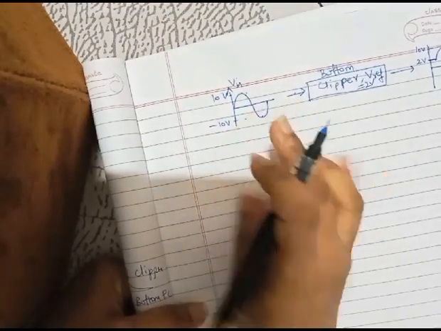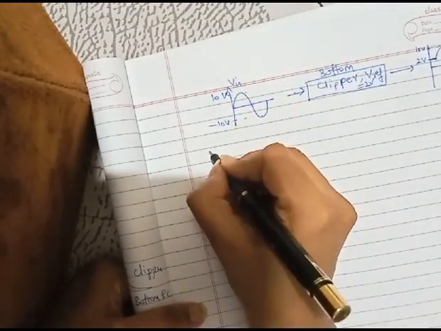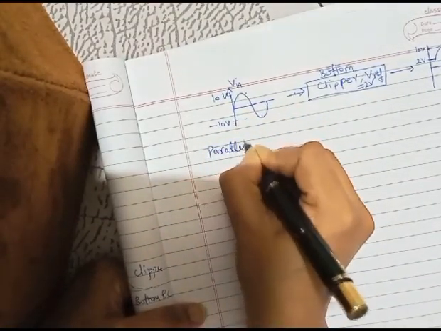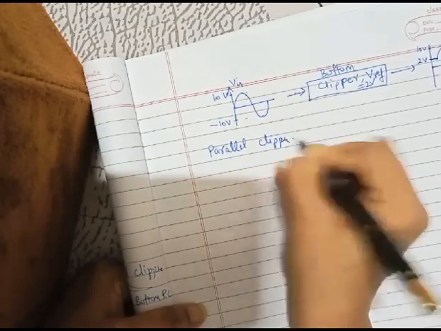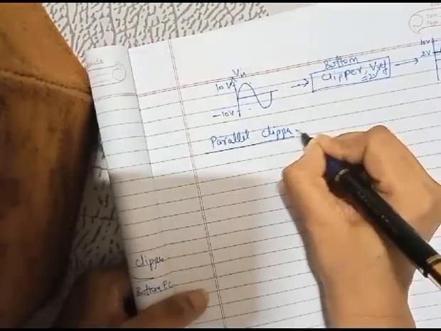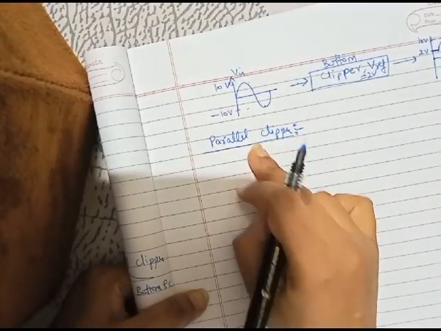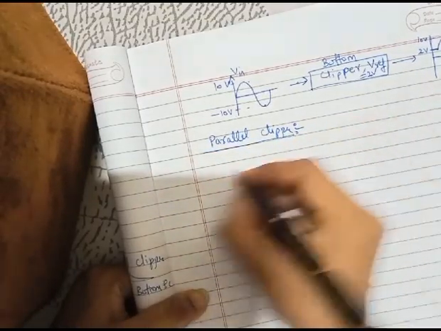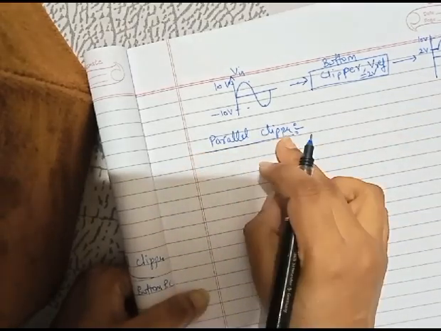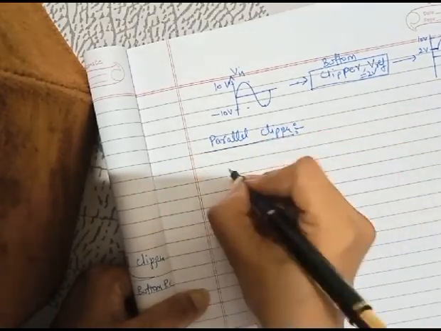Okay, this was the case of the series clipper. Now we talk about the parallel clipper. What is a parallel clipper? Similarly, the parallel clipper has two circuits, the peak parallel clipper and the bottom parallel clipper.